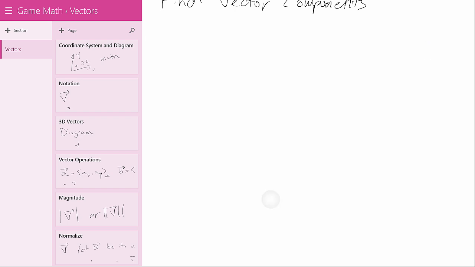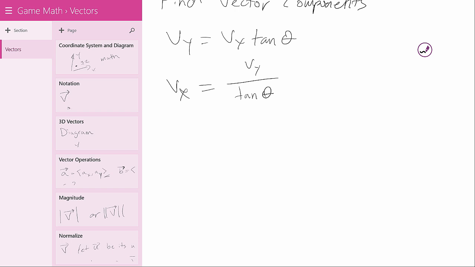The y component can be found by multiplying the x times tangent of some angle. The x component can be found by dividing the y component by tangent of some angle.